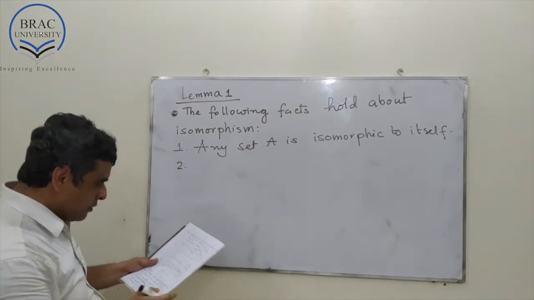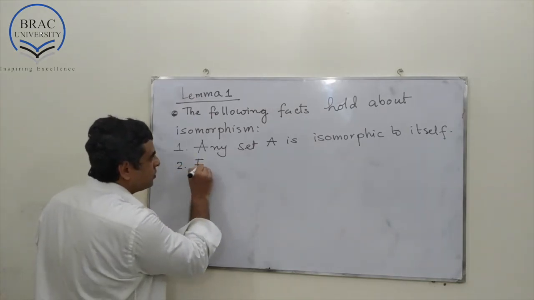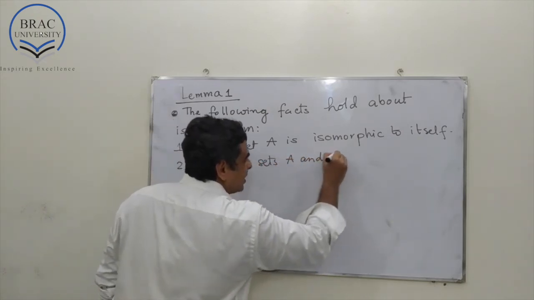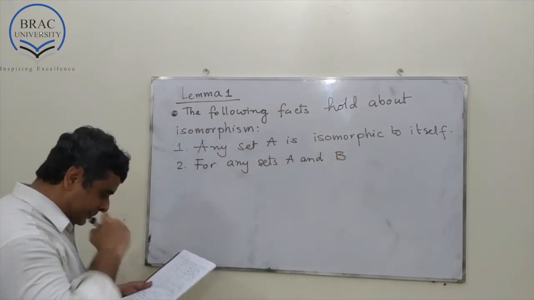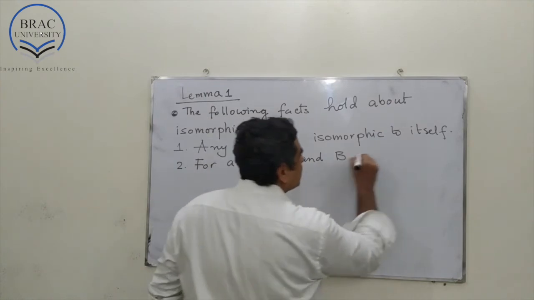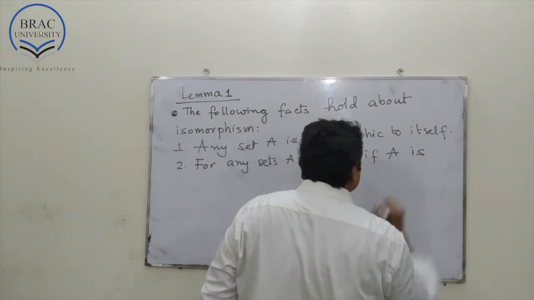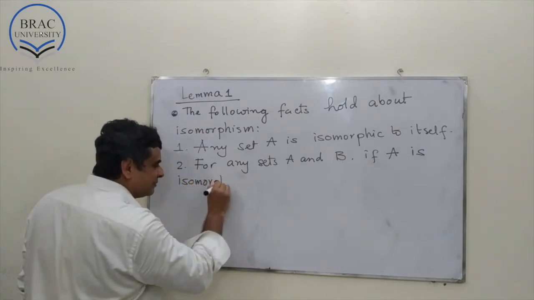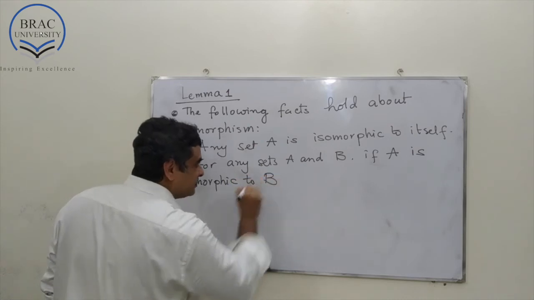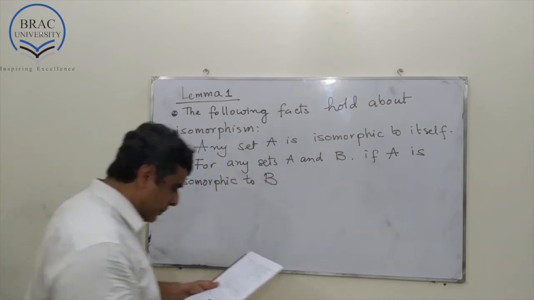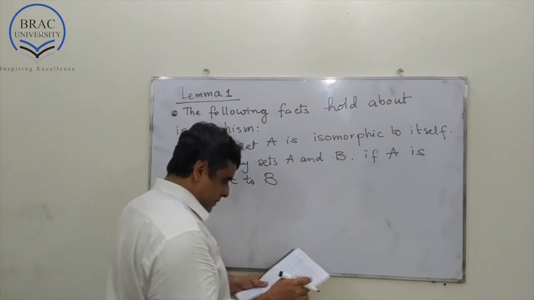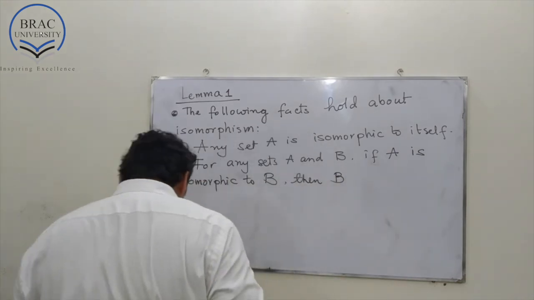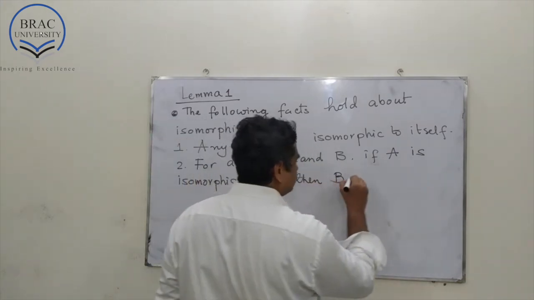Two: for any sets A and B, if A is isomorphic to B, then B is also isomorphic to A, which is also very trivial to prove.